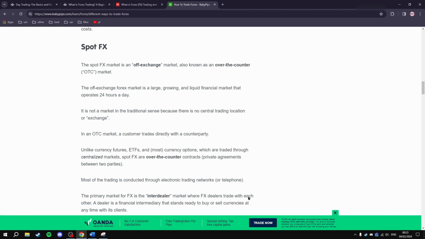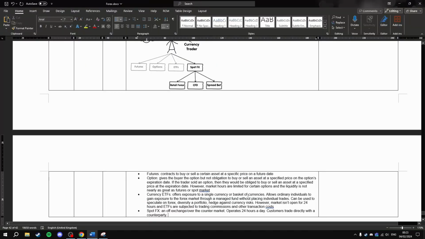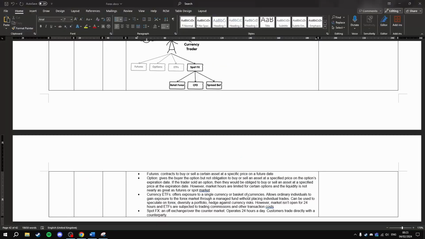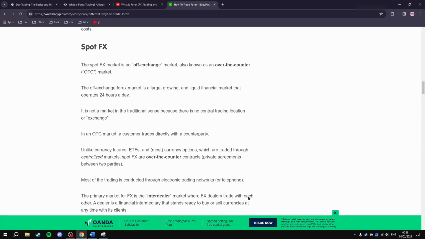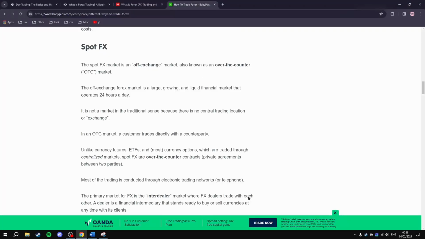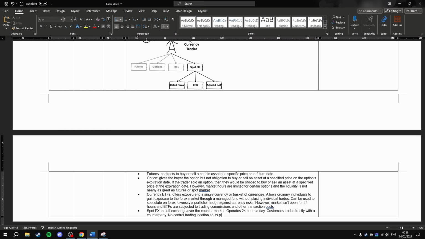Spot FX are over-the-counter contracts. So there is no central trading location. It's private agreements between two parties.